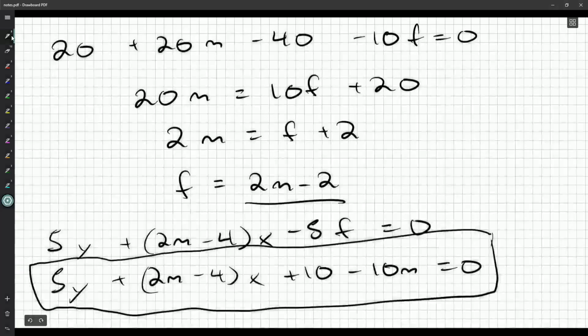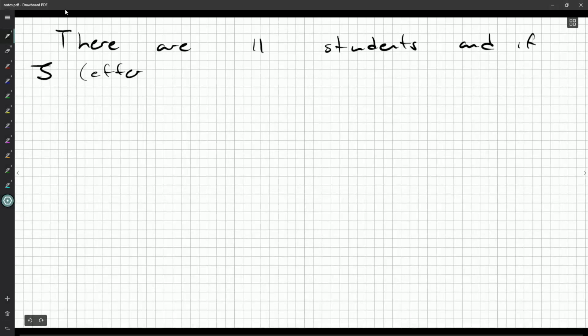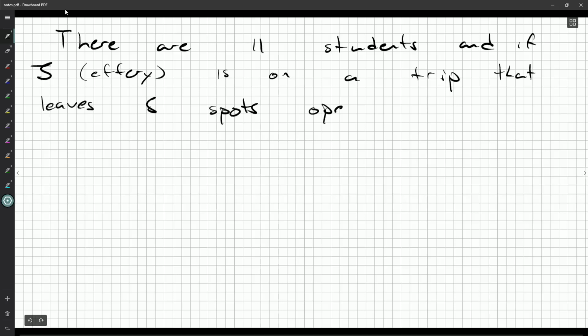So there are 11 students, and if J for Jeffrey is on a trip, that leaves 5 spots open.